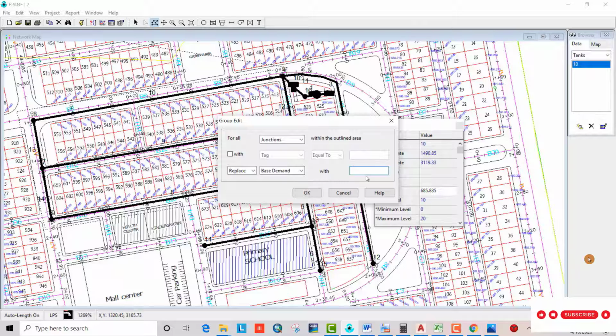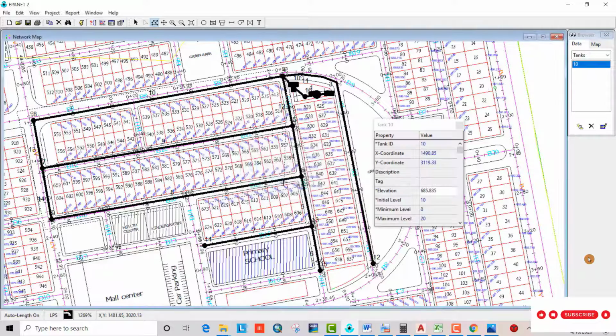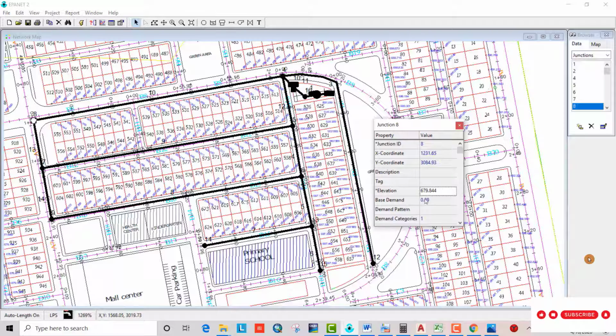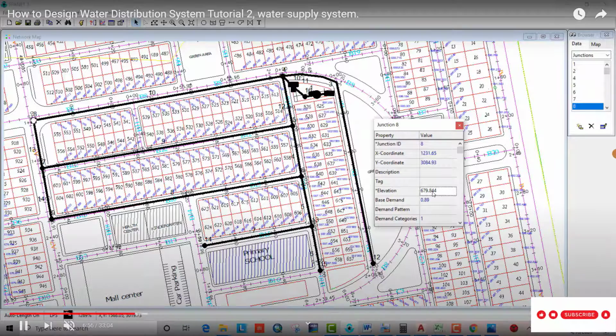You can provide 0.89 here, the demand for each node. Okay. Now each of these six nodes, the demand is 0.89. Let's check. You see the base demand is 0.89.